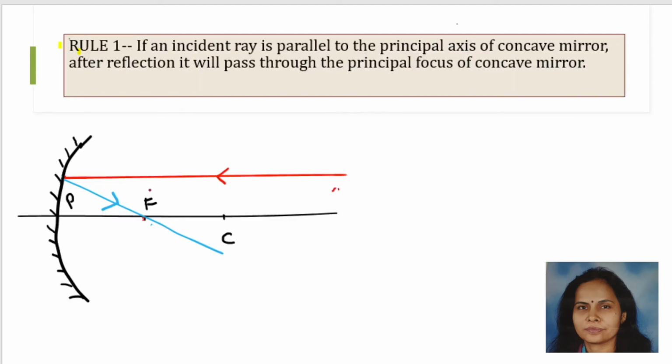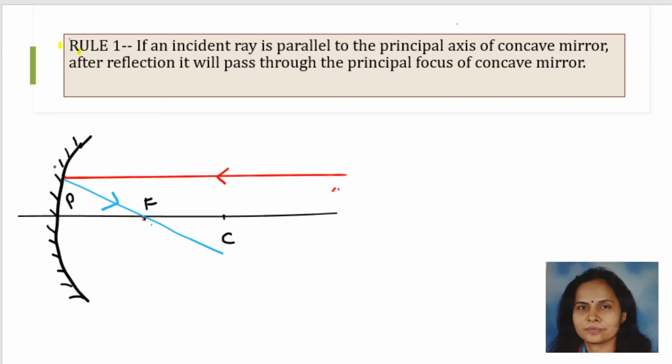Now based on this information, we can see how to mark angle I and angle R in each of these cases. So this is rule 1, where the incident ray is parallel to the principal axis and after reflection it will pass through the principal focus. Then how can we draw the normal here?